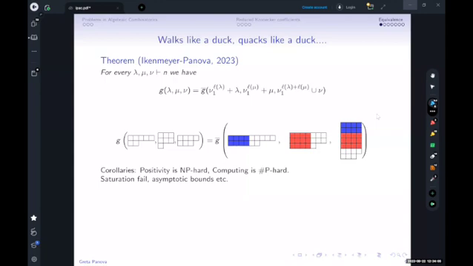In your theorem here, given lambda, mu, and nu partitions of n, on the right-hand side you constructed some partitions so that the reduced one will be equal to the original one. My question is, is the choice you made on the right-hand side of the partitions canonical? Or can you choose another partition to equal this? For these ones?